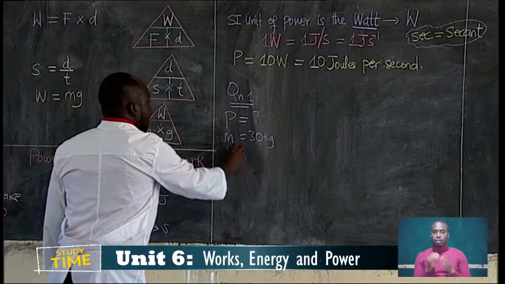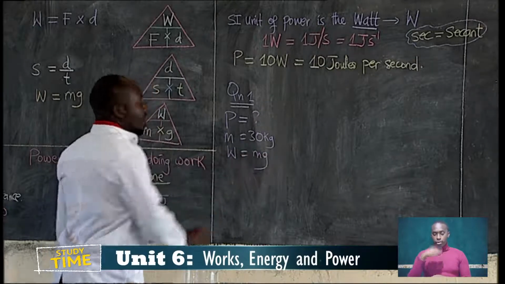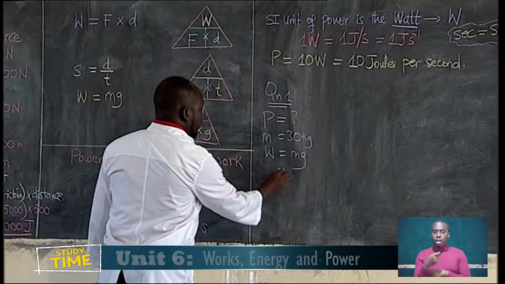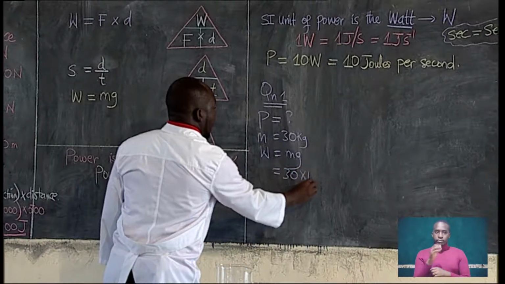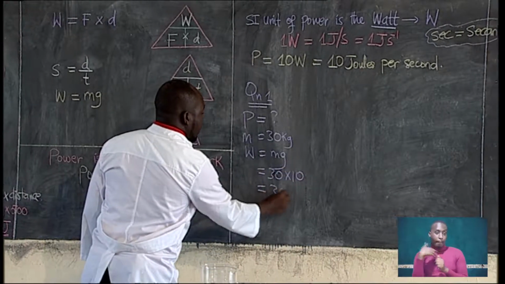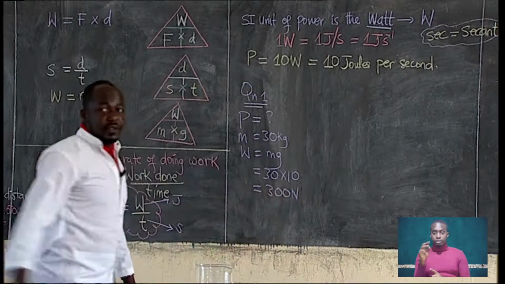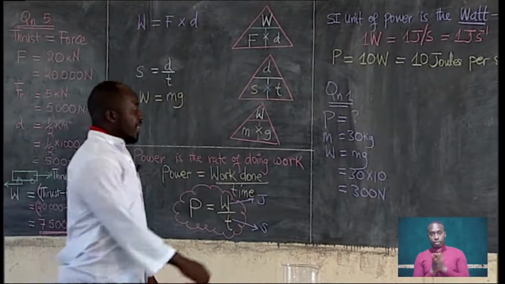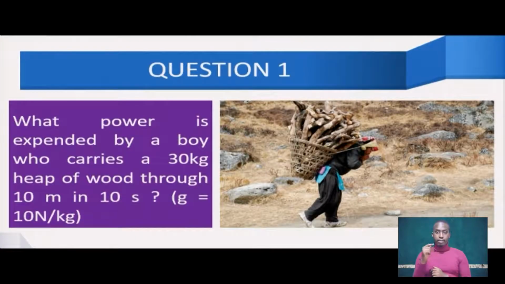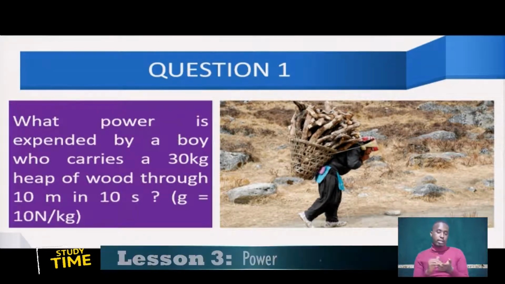And automatically here, because we are dealing with forces, we must change that mass into weight, which is going to be 30 times 10. And that becomes 300 newtons. Through a height of 10 meters. So height, which can be represented by D also, is equal to 10 meters. They want us to find the power.